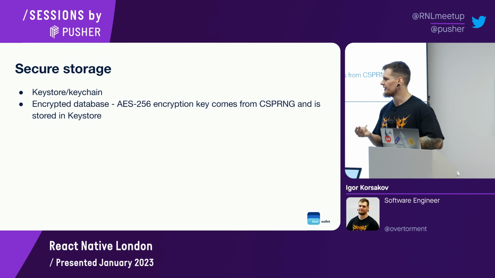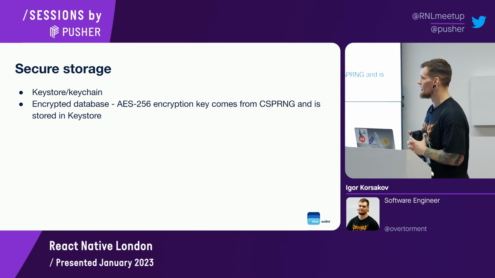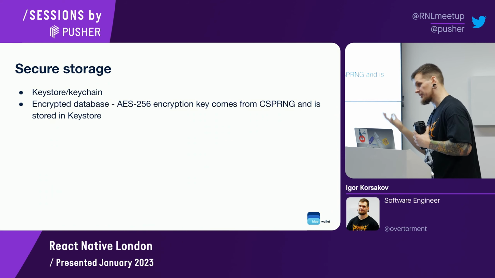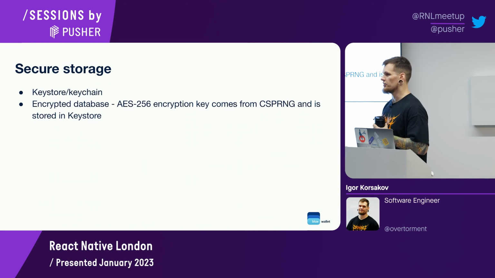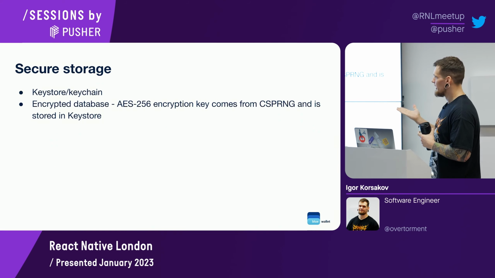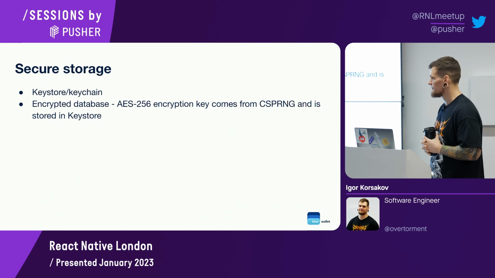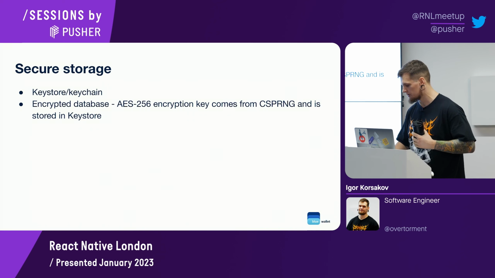SQLite, right. I think SQLite has some kind of encryption. So again, if it has encryption, we have to provide the encryption key ourselves, which we get from a cryptographically secure pseudorandom number generator, and then we store it in the keystore or keychain. This is the other option. So anyway, there should be some kind of keystore or keychain involved in Android or iOS, and we use it. That's what we do. Otherwise, other apps will be able to read our secrets.